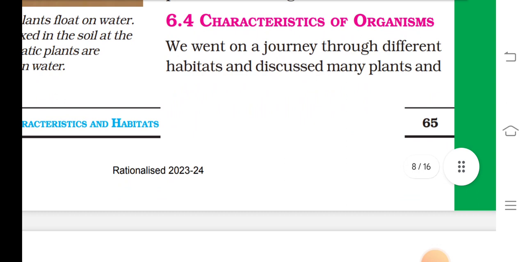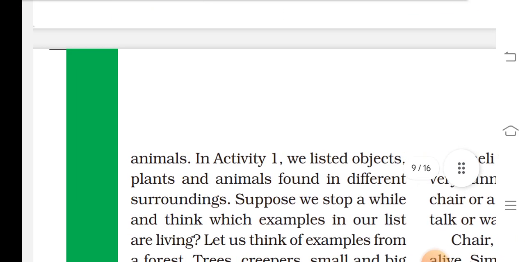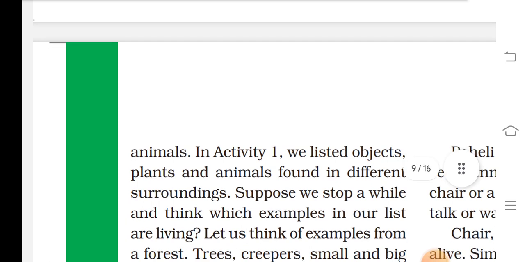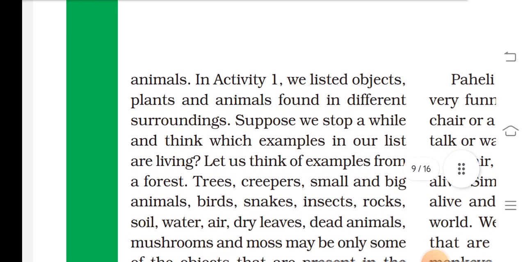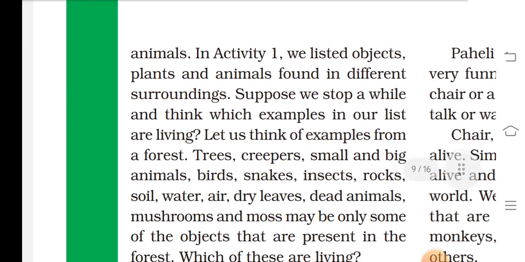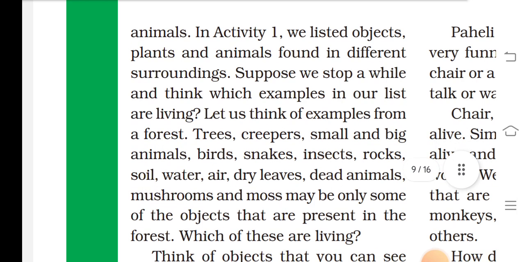Characteristics of organisms. We went on a journey through different habitats, discussed many plants and animals. In activity 1, we listed objects, plants, animals found in different surroundings. Suppose we stop a while and think which examples in our list are living.